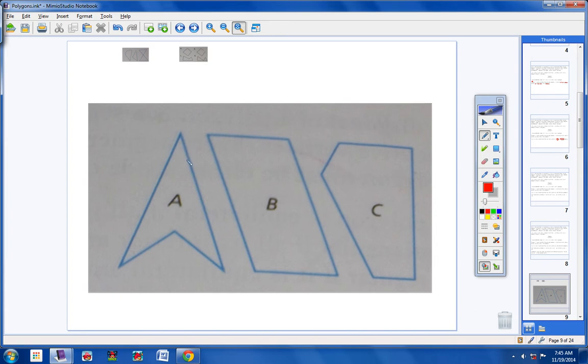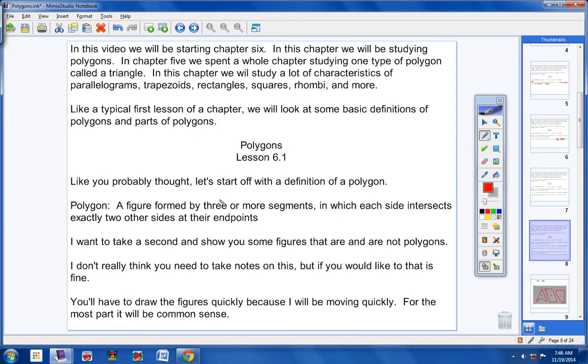First of all, notice that we have all segments. Straight line, straight line, straight line, straight line, straight line, straight line. Everything is a segment, okay? Now, look back here at your definition. A figure formed by three or more segments. Okay, so far so good. Each side has to intersect exactly two other sides at their endpoints.